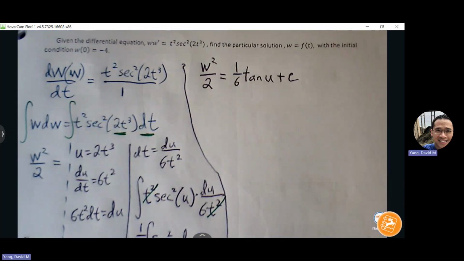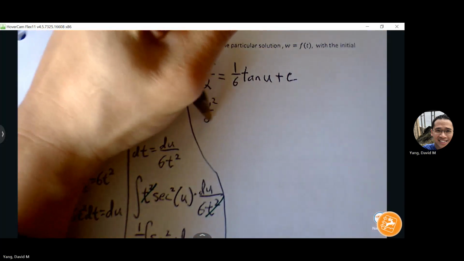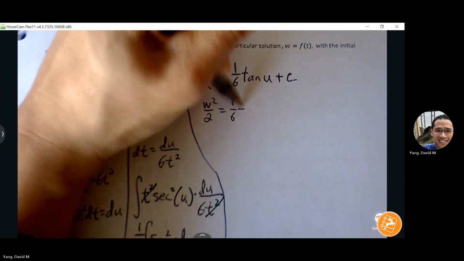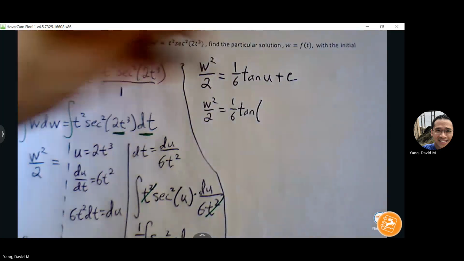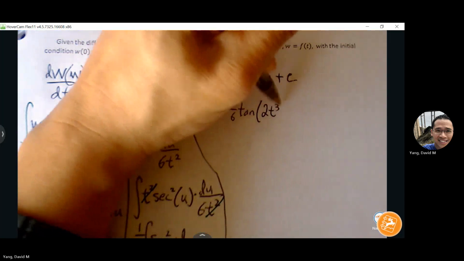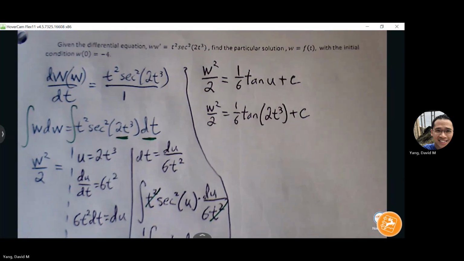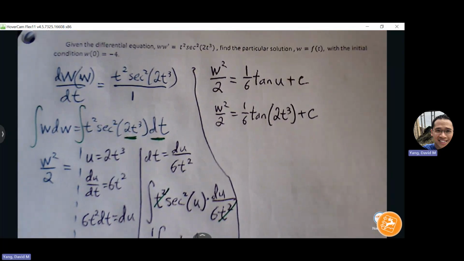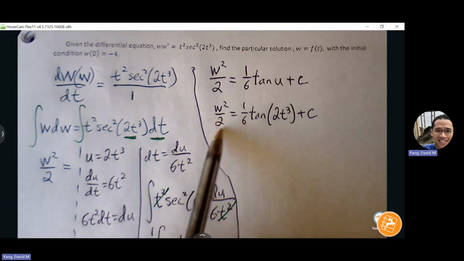Okay, let's bring back the original variables. I'm going to choose to get the 2 out of the way first before I solve for the C value.